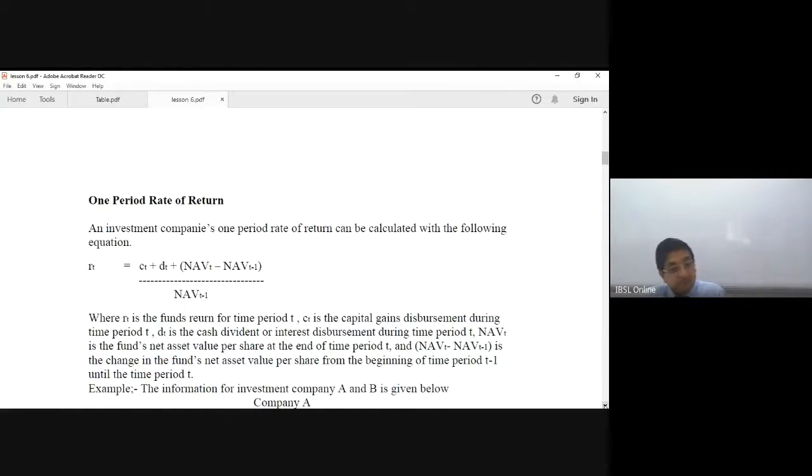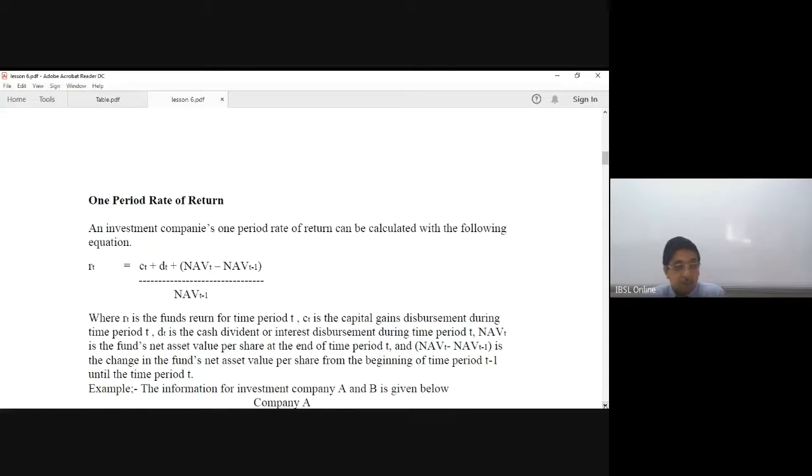NAV_T is the net asset value at the end of the time. NAV_T-1 is one year before that, the beginning of year situation. And the end of year situation minus beginning of year situation gives you the increase of net asset value, and it has to be divided by the starting net asset value.